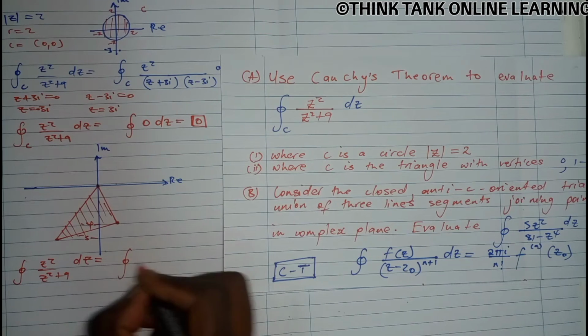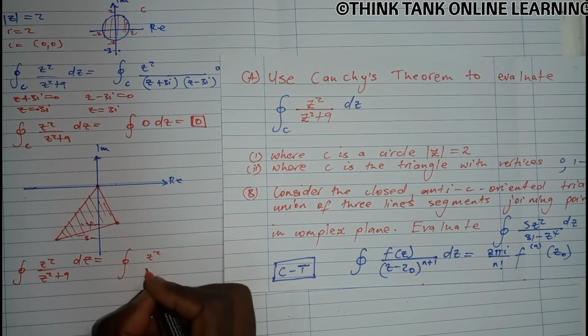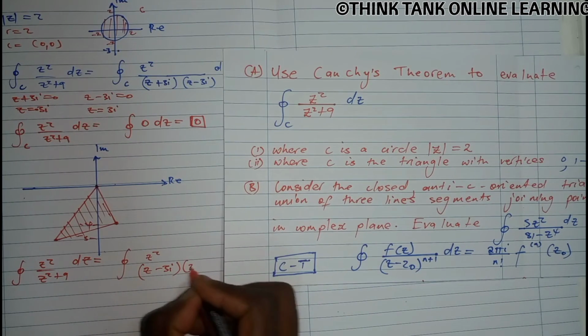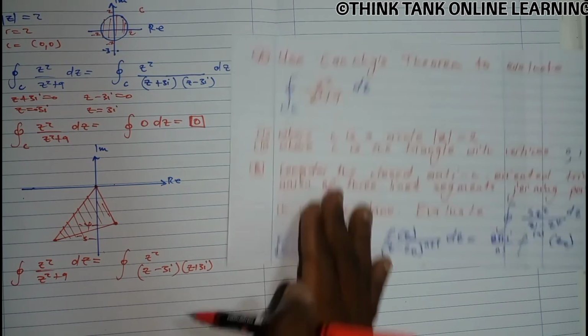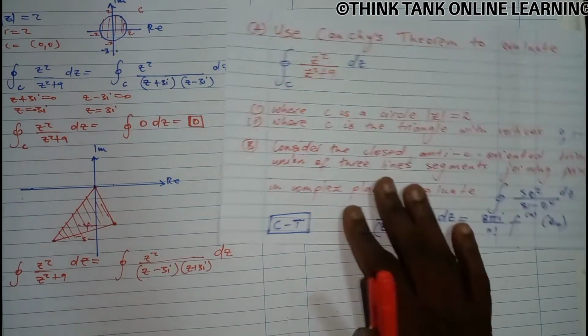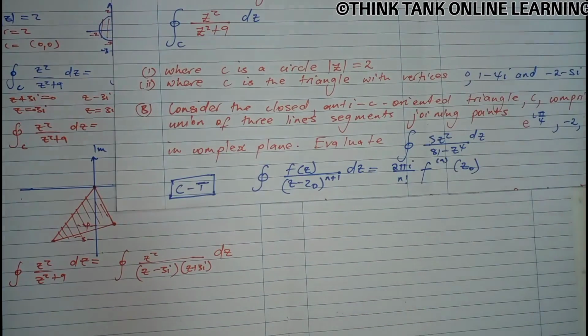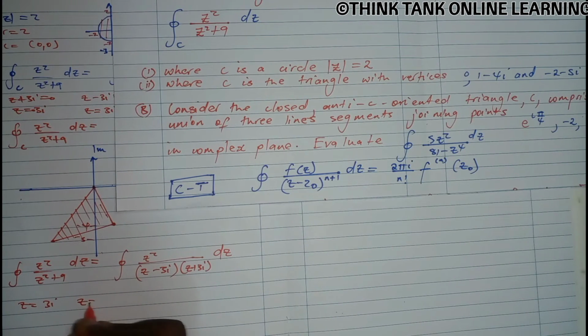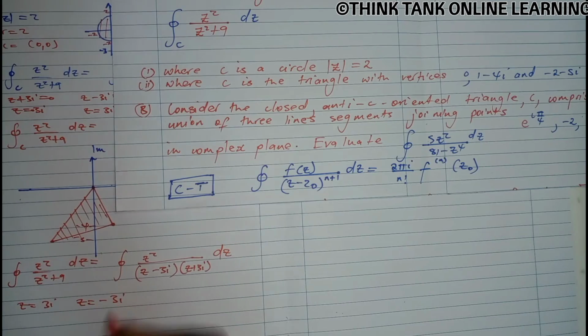So we're going to have z squared over (z minus 3i)(z plus 3i) dz. So we said that z is equal to 3i and z is equal to negative 3i.